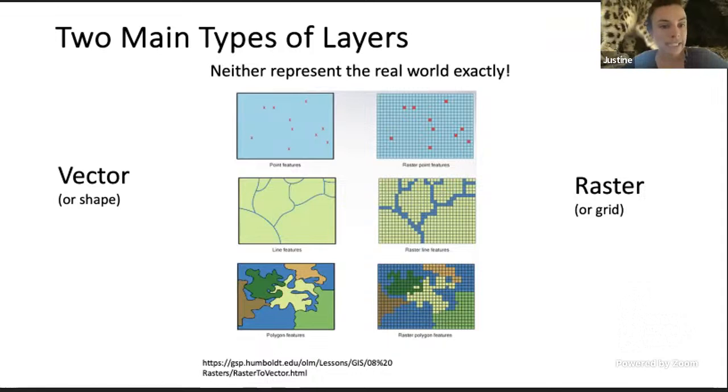As you can see here, both of these types of data can represent the same things in a different way. Neither represents the real world exactly, but they try to do it in different ways, one with shapes and the other through a grid format. We're going to look at each of these in more detail.